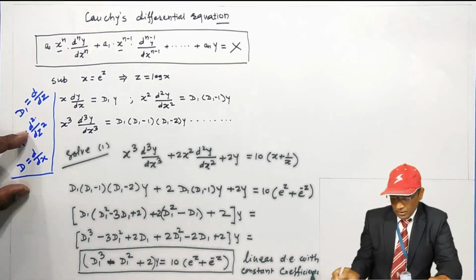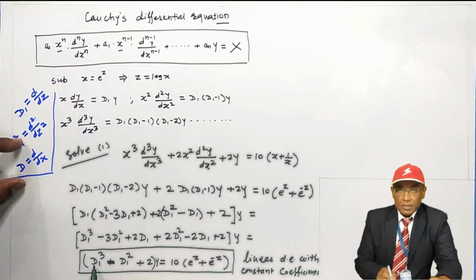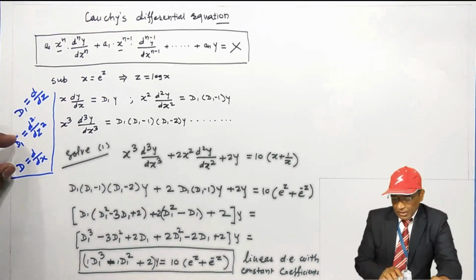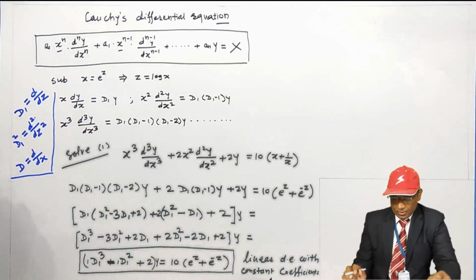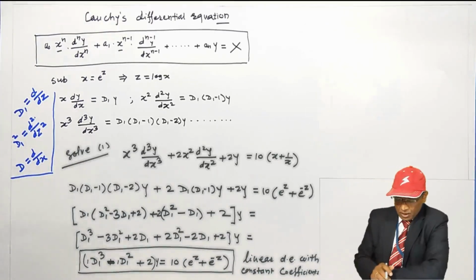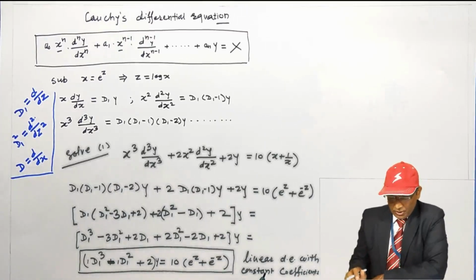Okay, you can check it. See, derivative term is d1 cube, its coefficient is 1. This derivative term, its coefficient is 1. Okay, this is a linear differential equation with constant coefficient, and we have done sufficient practice on linear differential equations with constant coefficient.